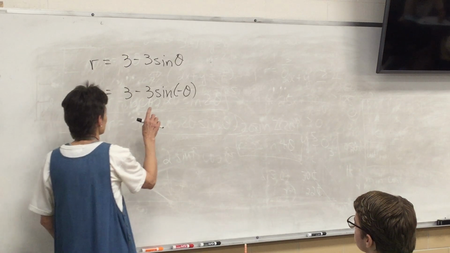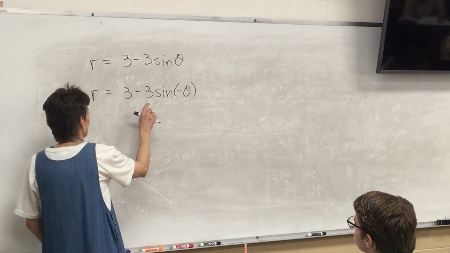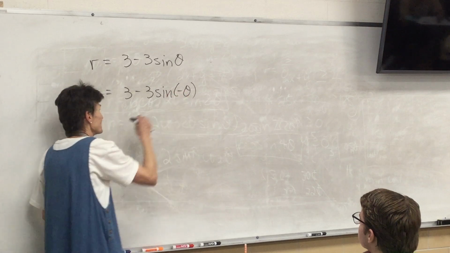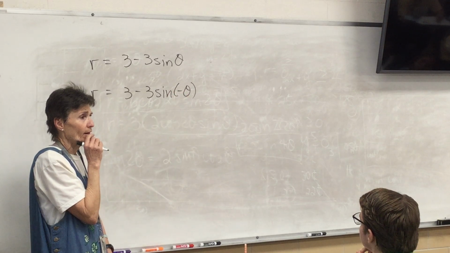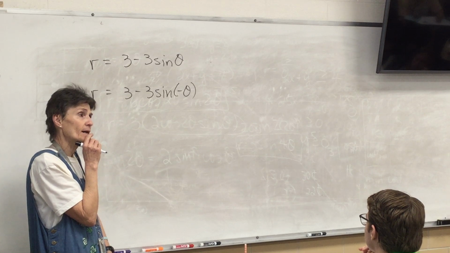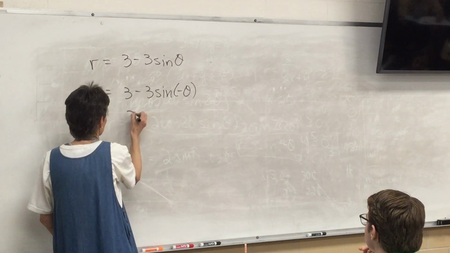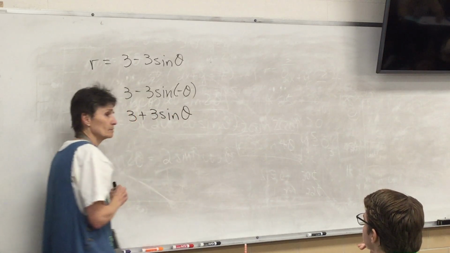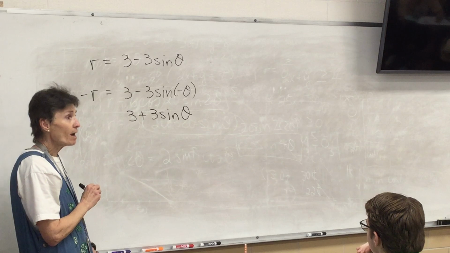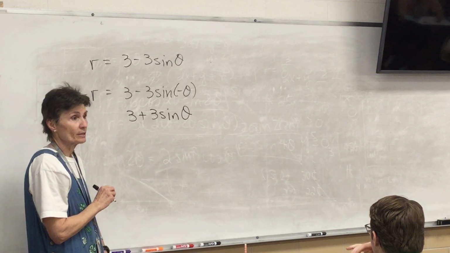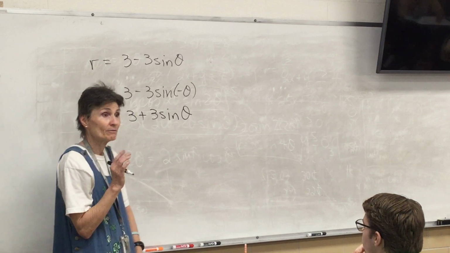What about this? What happens when I take the sine of a negative angle, David? Doesn't it just go on the outside? It does. So this is actually going to become 3 plus 3 sine theta, because sine and cosecant and tangent and cotangent are what we call odd functions.